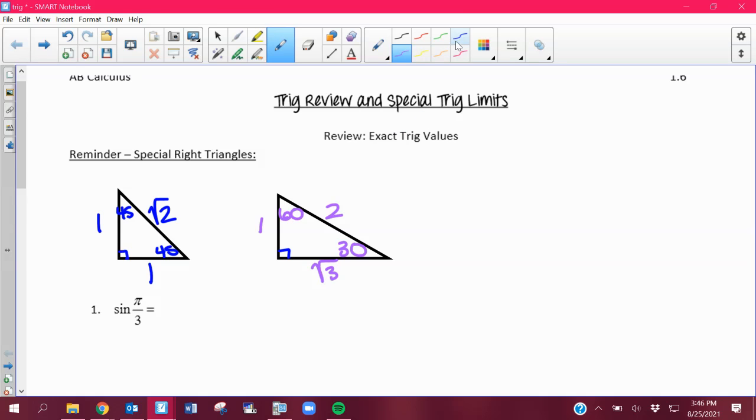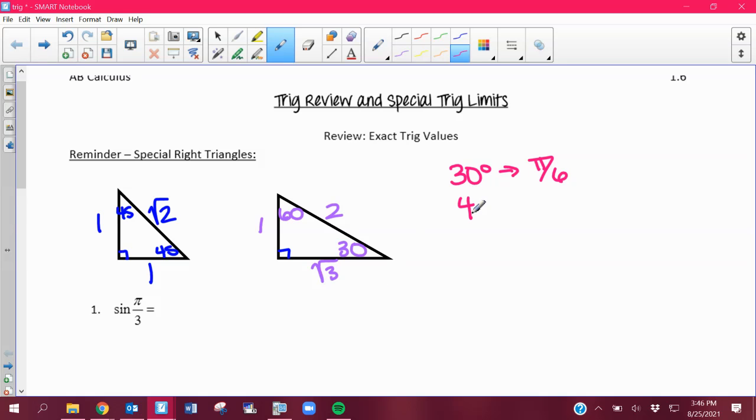Now, the other thing that we need to remember back from pre-cal is that we use these degree measures. They're great, 30, 60, 90, 45, 45, 90, but we use something called a radian also. Okay, the radians are great because they are unitless, so that way we can do a lot more analysis and application problems. And so the conversions you need to know is that a 30-degree angle is the same thing as pi over 6 radians.